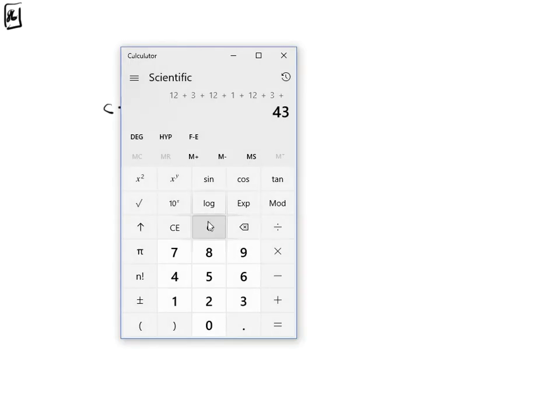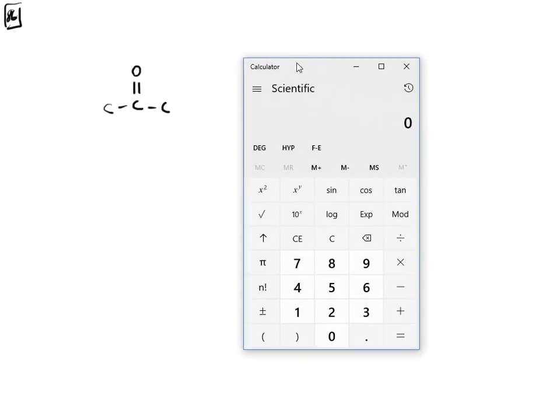All right, so we know that we have a carbon, double bond O, carbon, and carbon, at least. The object of the game here is to get an 86, possibly, for my formula weight. So I'm going to bring up the calculator, and I'm going to add these up the way that I've drawn them already. 12, 12, 12, and 16.